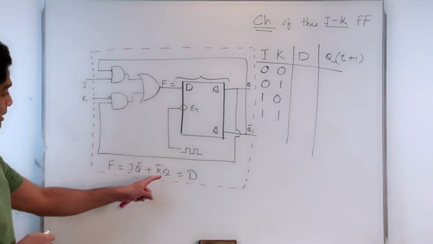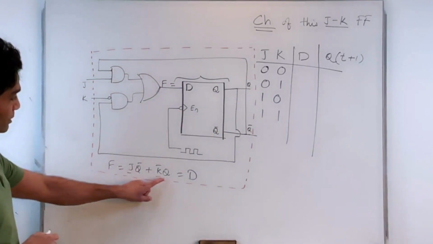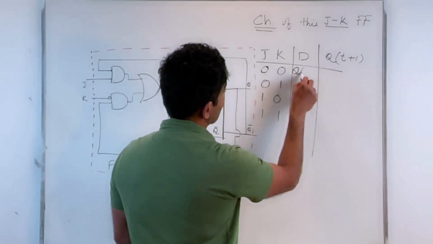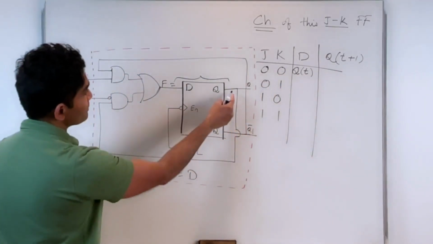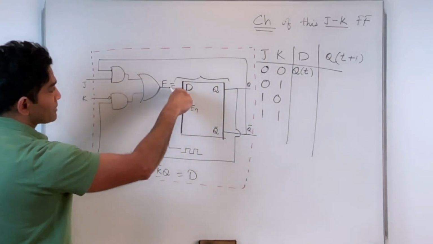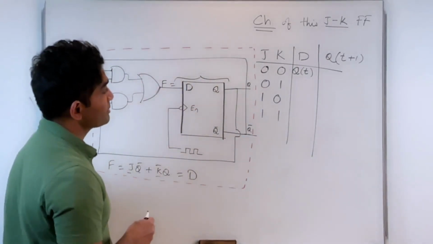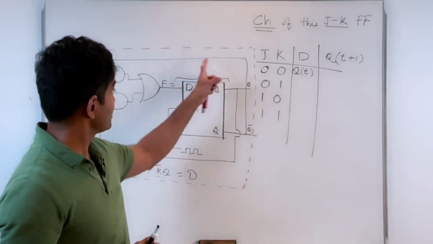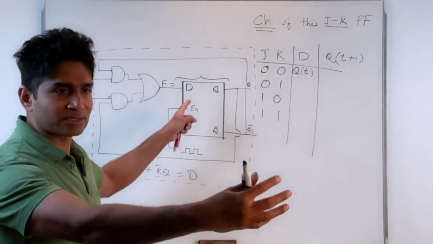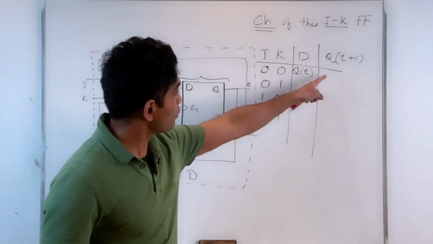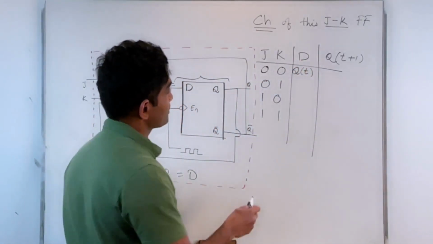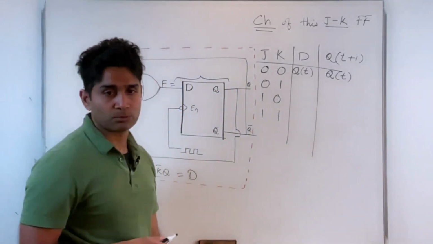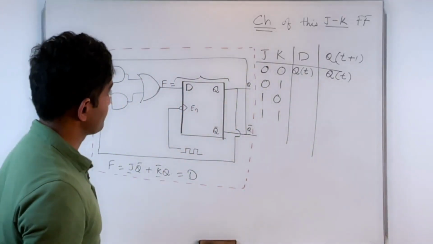So J and K both zeros, that goes to 0. That was Q. So I'm basically taking Q and applying it back to D, something that we have already seen. So when I'm applying the same output as the input in the next triggering instance, because my output follows the input for a D flip-flop, the output does not change. It just keeps the same value.